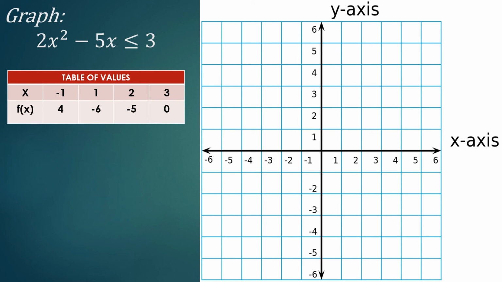So, we have negative 1 and positive 4. 1, 2, 3, 4. So, ito siya. Then, positive 1 and negative 6. So, nandito siya sa baba. We have 2 and negative 5.